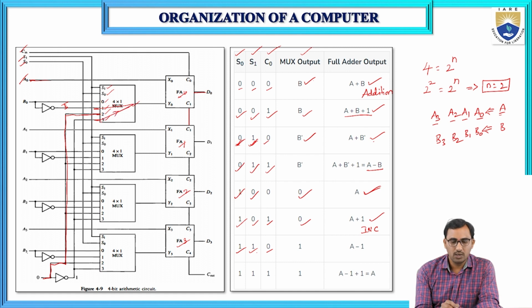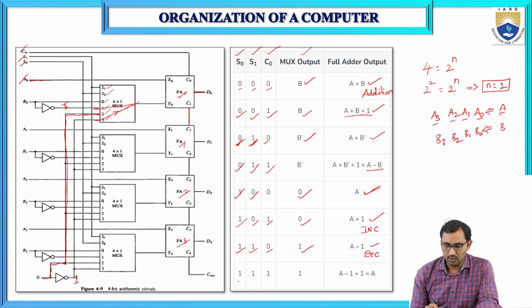So to the third input of the multiplexer, we have given 1 as the input. So the output of the multiplexer is 1. So it performs decrement operation. That means A minus 1.